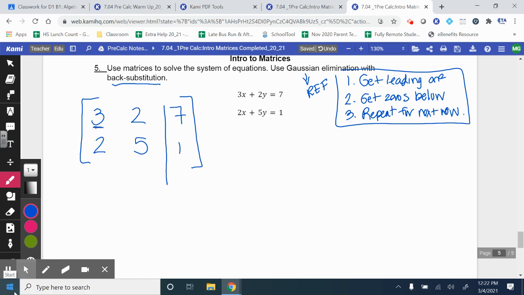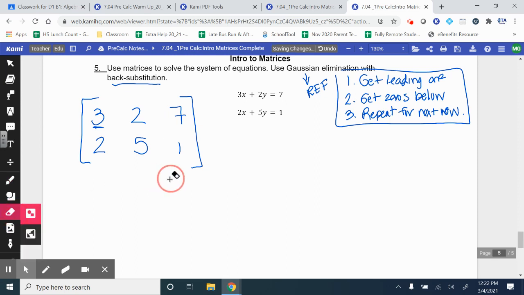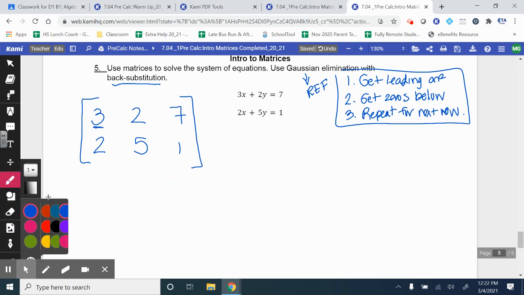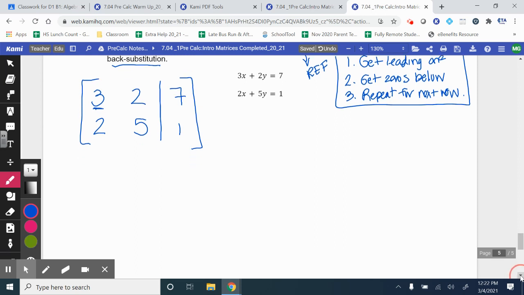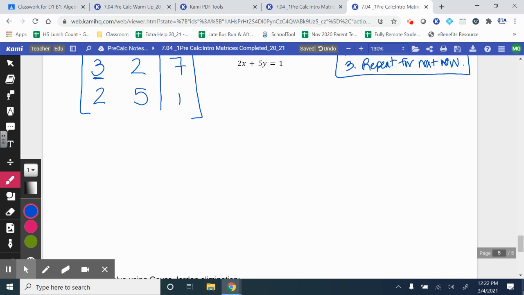So how do we get a 3 to become a 1? Well, we're going to multiply it by 1/3. So never think of it as division. Always think of it as multiplication. Let me scroll down a little bit. All right, so first we get our lead 1. So I'm going to multiply 1/3 times row 1.